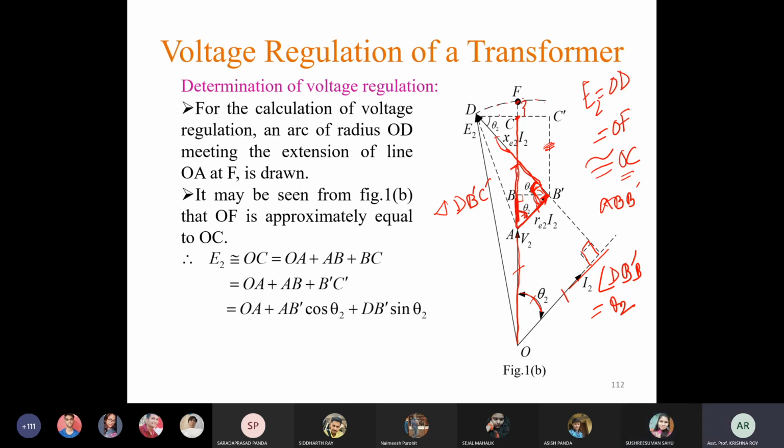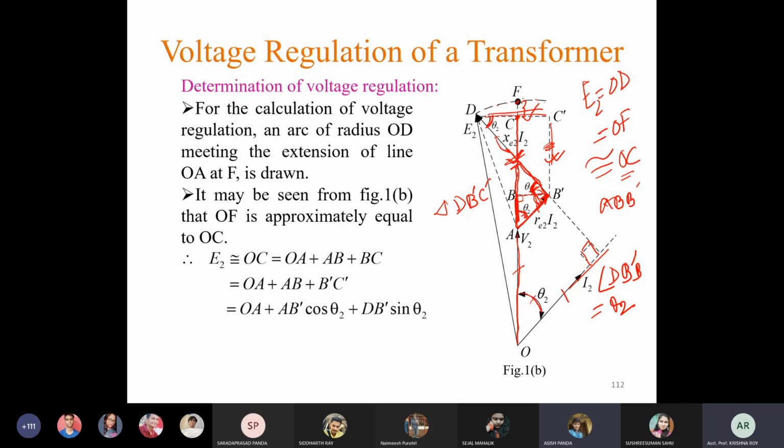Now if this angle is theta 2, then this angle will be theta 2. Why? Because this line and this line are parallel, and this is the transversal DB dashed. So when this angle is theta 2, we can express this side and this side in terms of this side. One is the cosine component, another is the sine component. So this B dashed C dashed is actually DB dashed, that means this line, into sin theta 2.